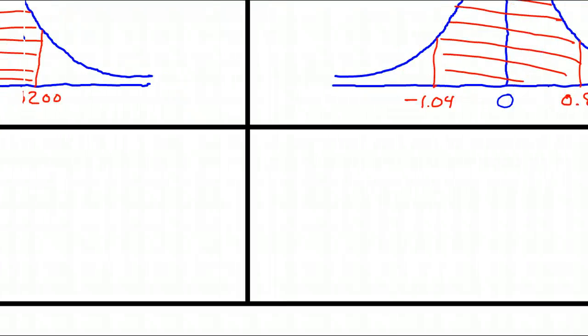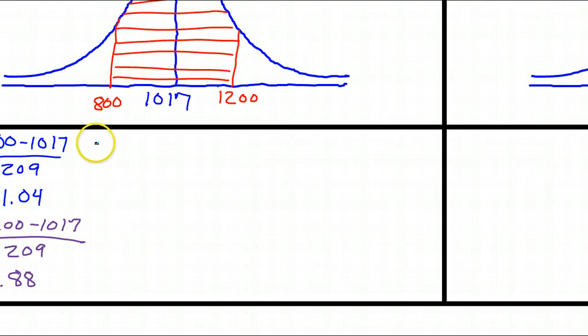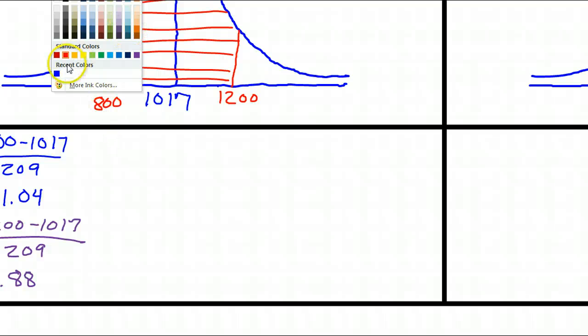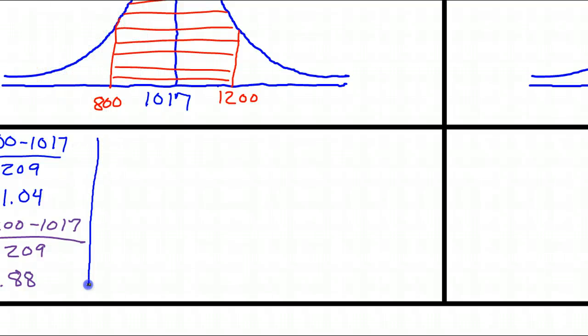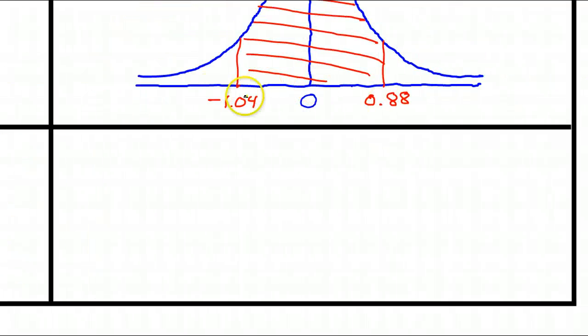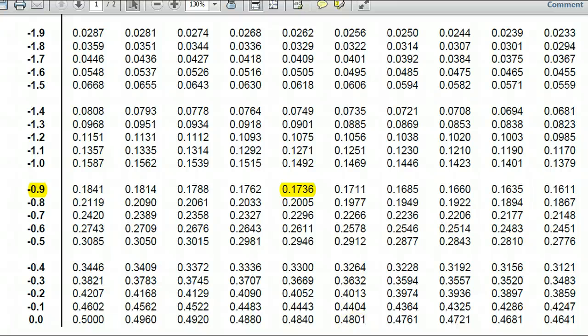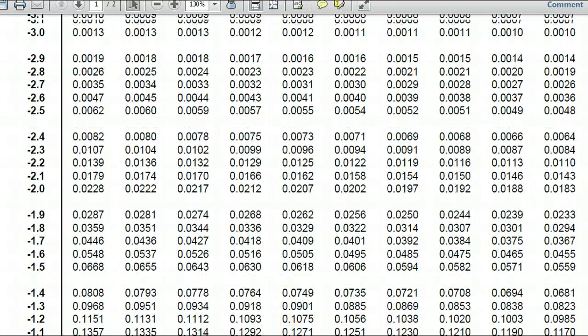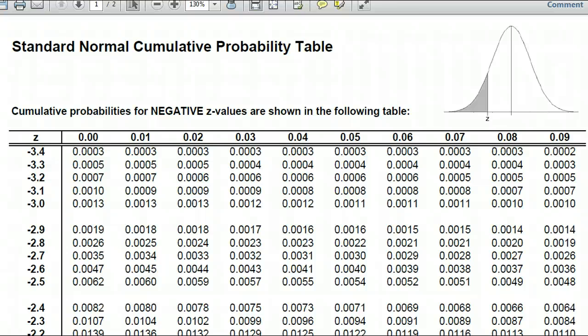Okay, now if I want to find out the proportion that is between two z-scores like this, using the chart, remember, these chart values only give me the area to the left of each value.